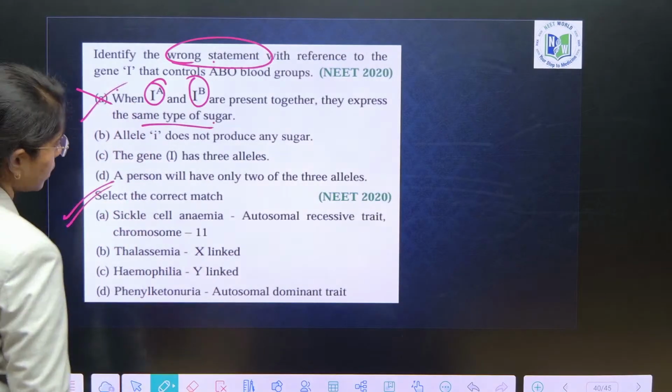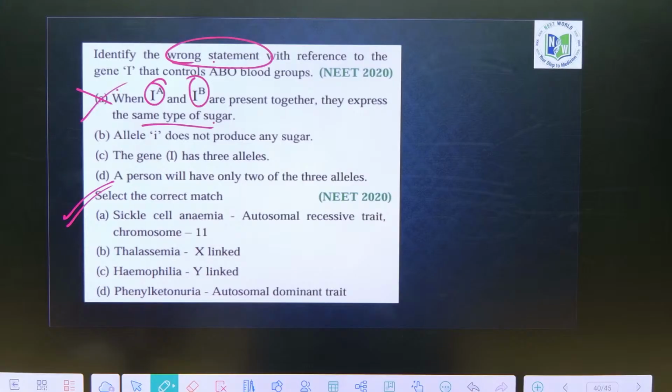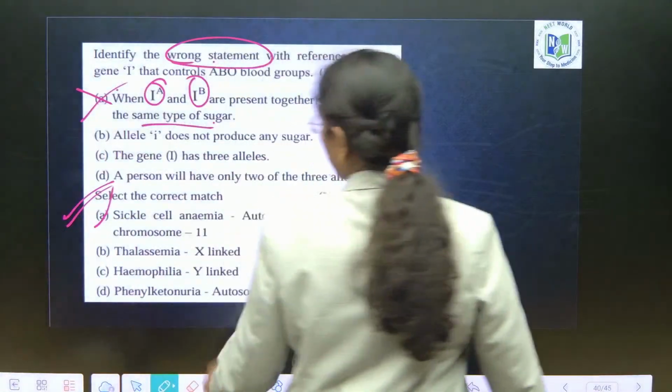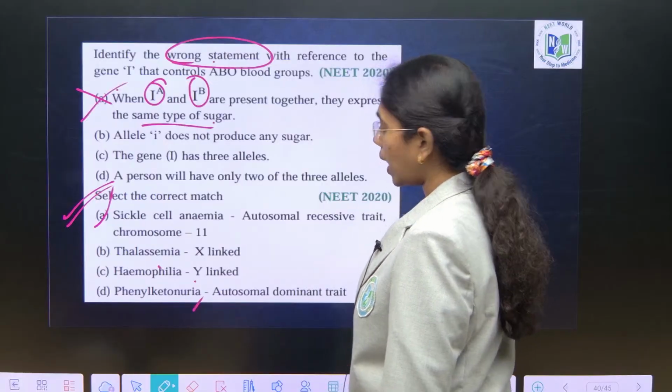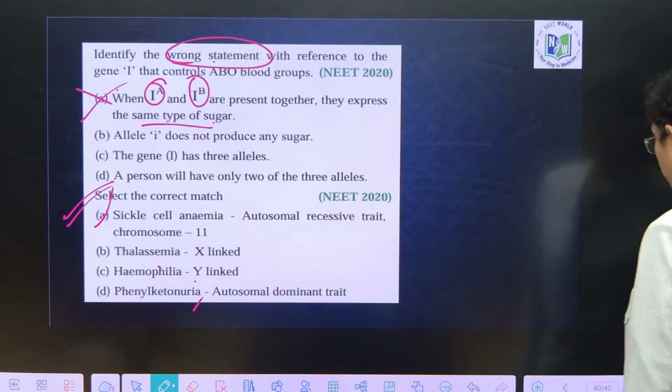Next, select the correct match. Very simple. Odd man out. This one means, tell me what is the right answer. Thalassemia, recessive disorder. Hemophilia, X-linked recessive. Phenylketonuria, autosomal recessive disorder. Very good. Next.